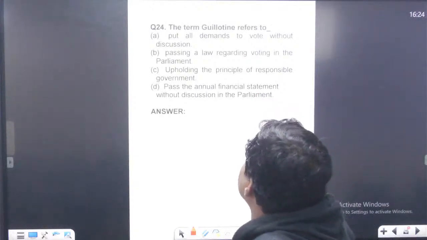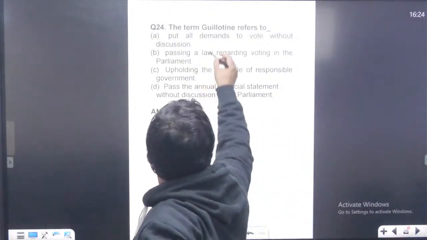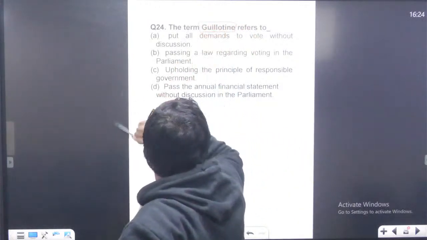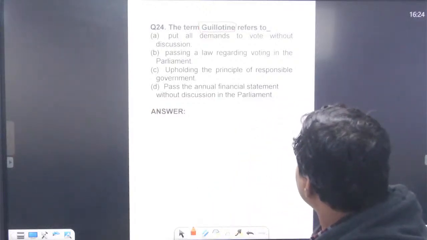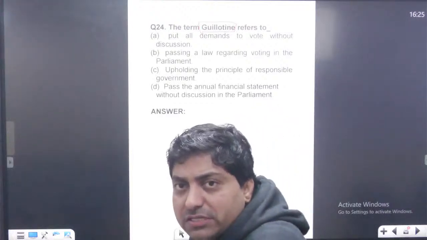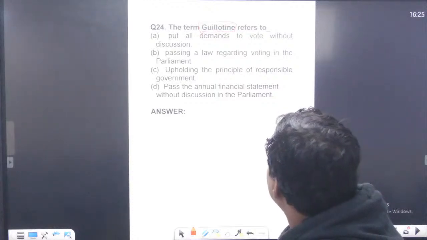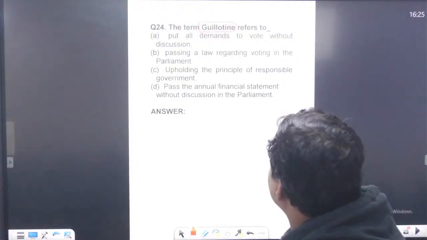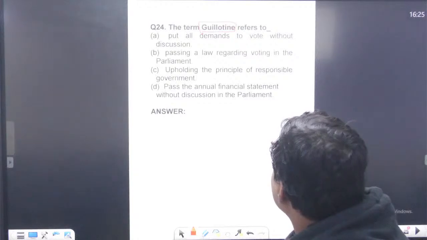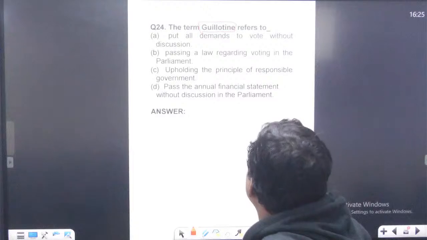The term guillotine refers to. You must have heard about guillotine. Guillotine is a special cut motion which reduces entire discussion: put all demands to vote without discussion, passing a law regarding vote in the Parliament, upholding the principle of a responsible government, pass the annual financial statement without discussion in the Parliament.